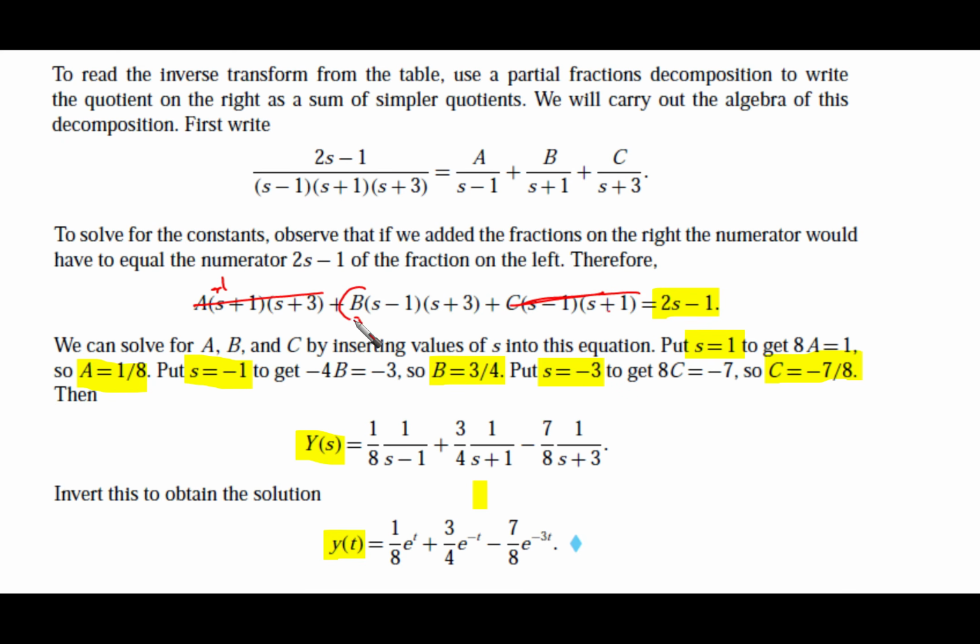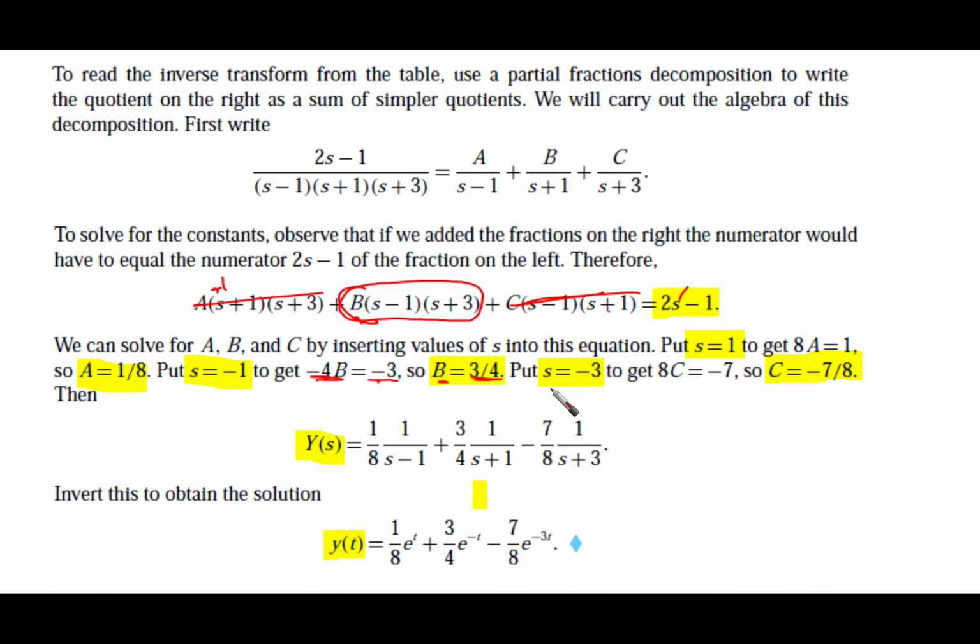And we are going to remain with b times minus 1, which is minus 2, minus 1 plus 3, which is 2, and then the multiplication we're going to obtain. Here it is going to be 2 times minus 1, so we can obtain b easily. It is going to end up with minus 4b equal to minus 3, and b equals to 3 over 4.